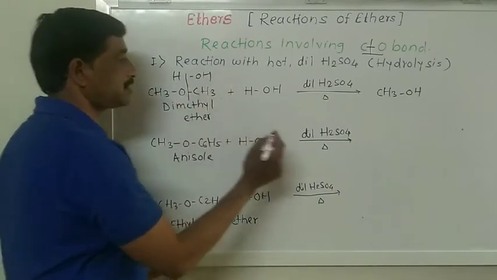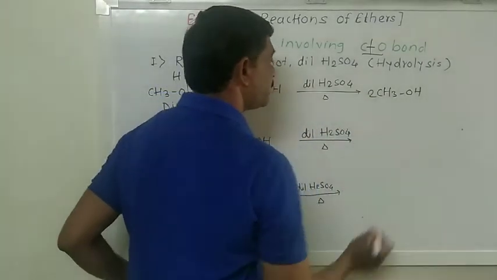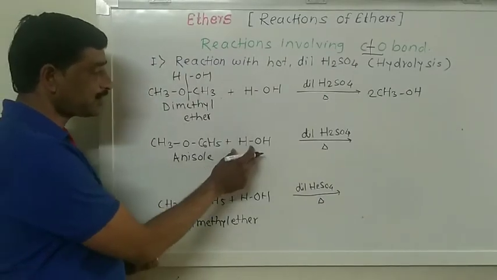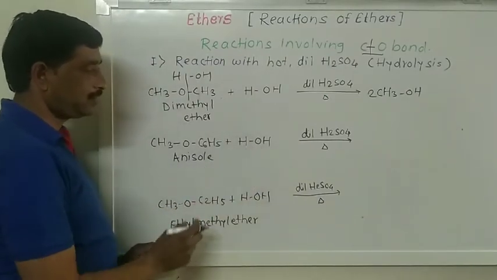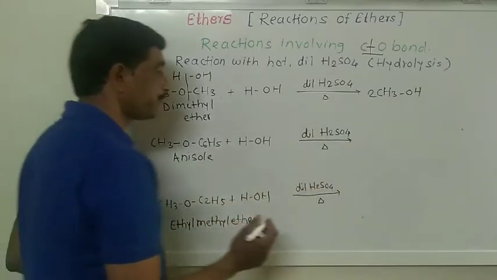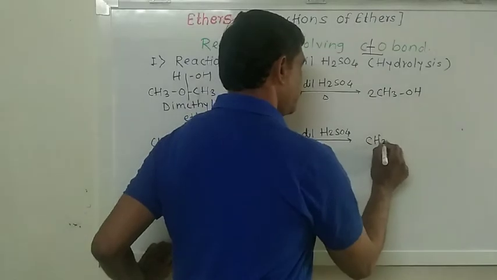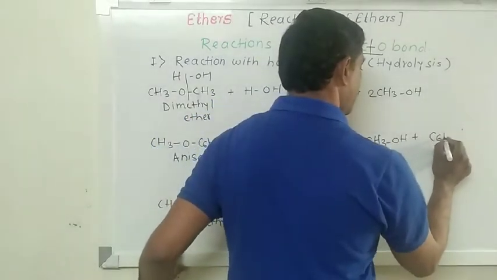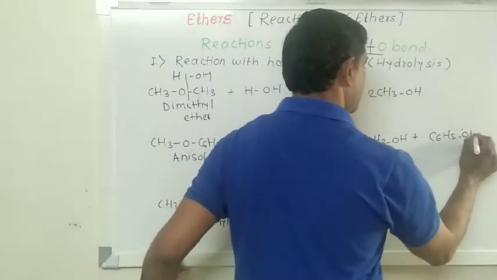We get CH3OH and CH3OH, two molecules of methyl alcohol. When anisole is reacted with water or dilute sulfuric acid, it undergoes hydrolysis and gives a mixture of methyl alcohol plus phenol, that is C6H5OH.